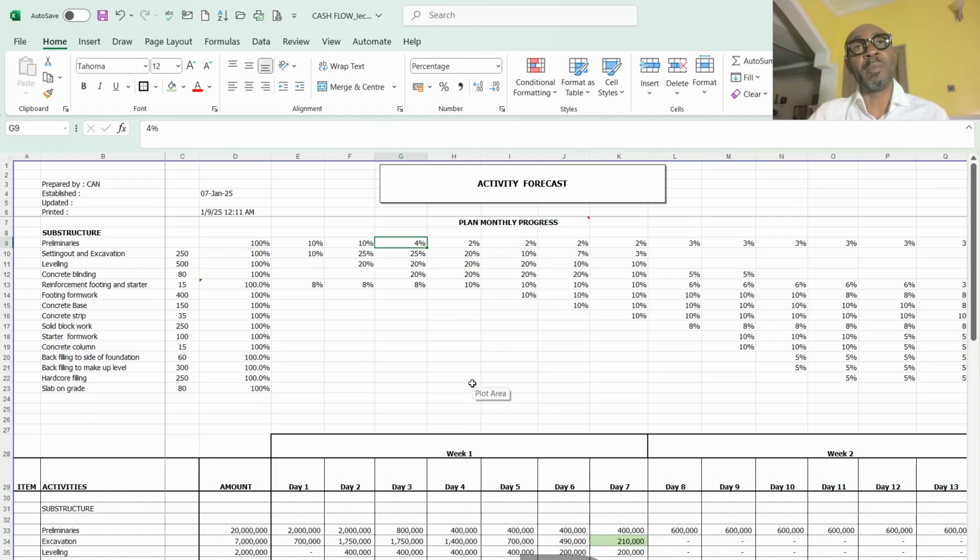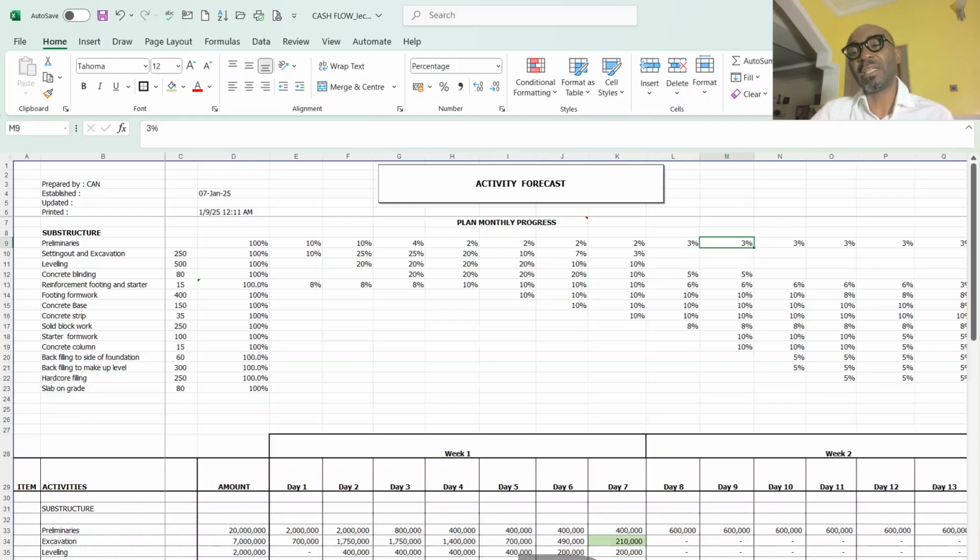They will be employed as the work front expands. Then you start bringing in more foremen, more headmen, more storekeepers to ease the job and to have a smooth running of the site. So that is why you see I have a 4%, 2%. Then as the work is picking up, there's a 3%, there's a 3%.